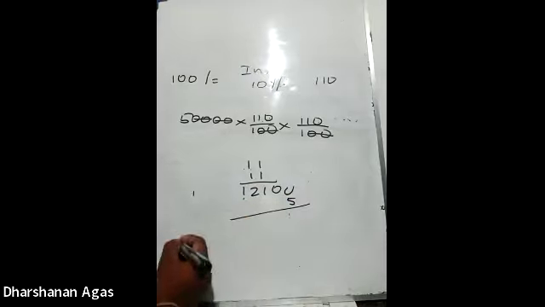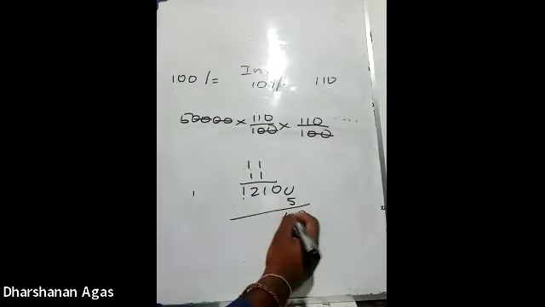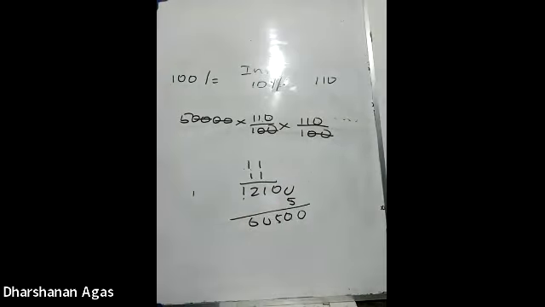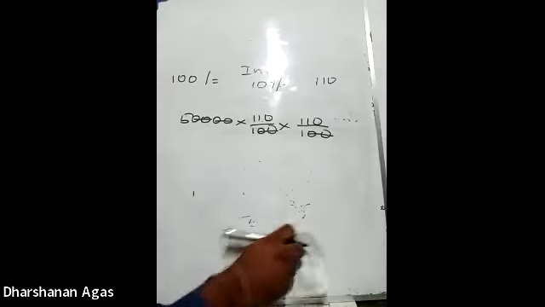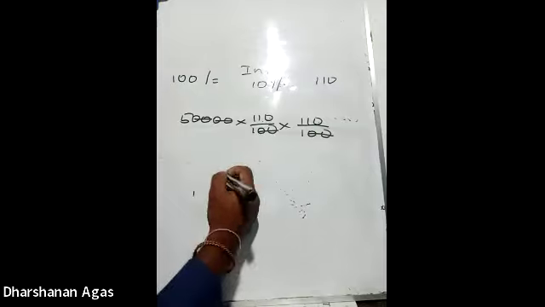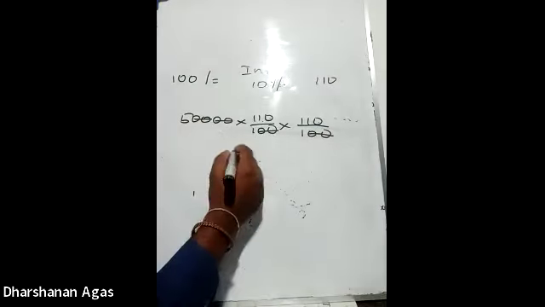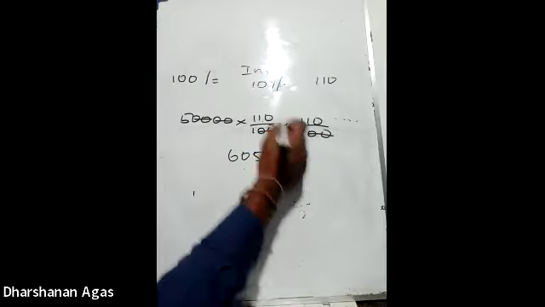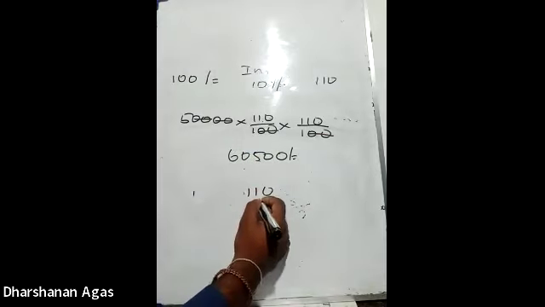Multiply by 5. Then directly you can get the answer. How much, students? 110 into 110 is 12,100. When you multiply by 5, 60,500 directly. See, you can multiply 110 and see like this.